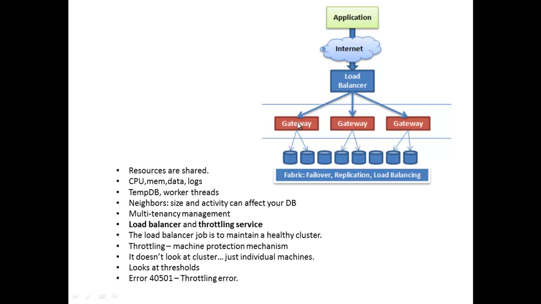We go through a load balancer gateway, and then here are our databases, right? Shared databases. So resources are shared: the CPU, memory, data log, TempDB. You get the idea, right? Neighbor size and activity can affect your database.